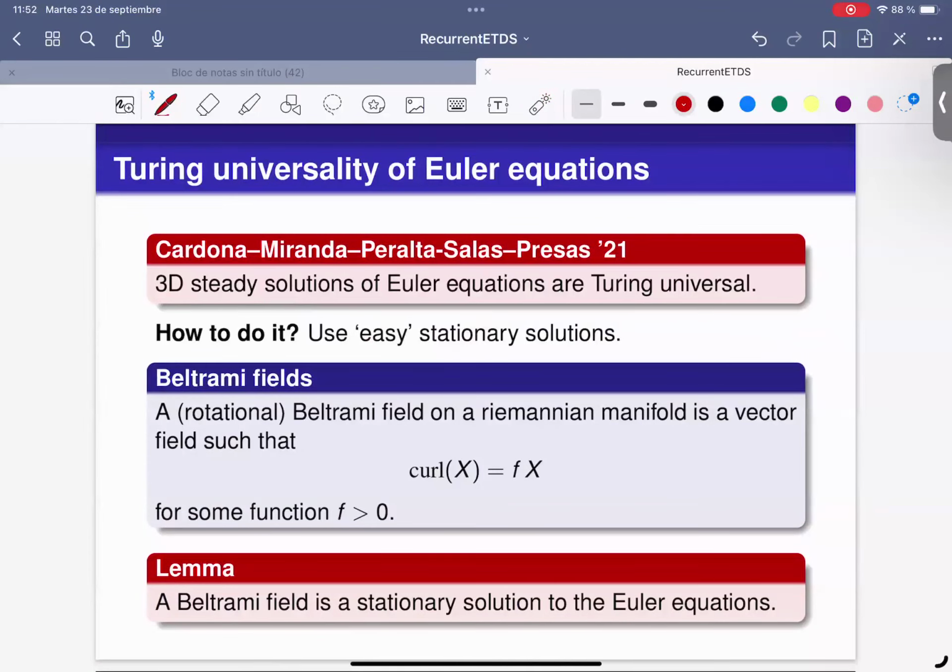If you give me one of these block-wise diffeomorphisms of the disk, I can construct a manifold M with a certain Riemannian metric g, and I can find a solution to the Euler equations, a certain vector field here, with the property that there is a Poincare section, and the Poincare return map on this Poincare section is literally the given Turing machine, the given block-wise diffeomorphism of the disk.